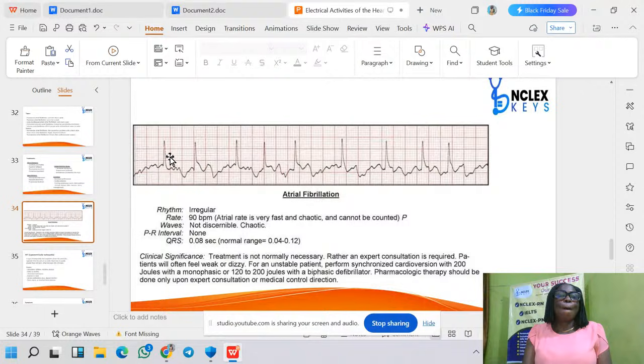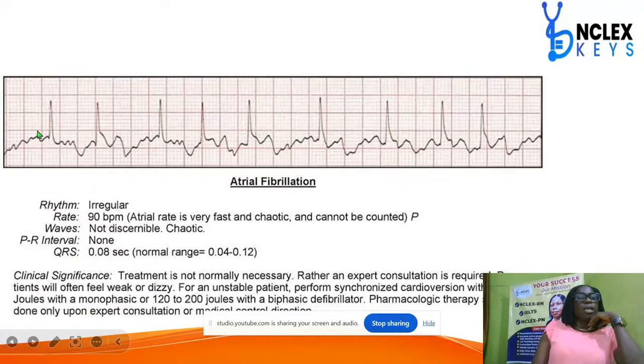Sorry, when it's like this, it's confusing. AFib, A flutter, just look at R to R space. In this diagram, some R to R intervals are 4, 1, 2, 3, 3.5.